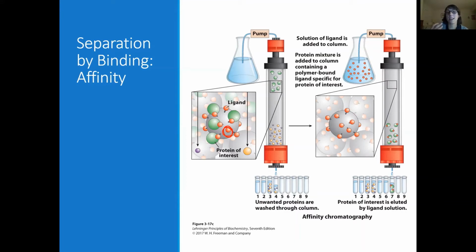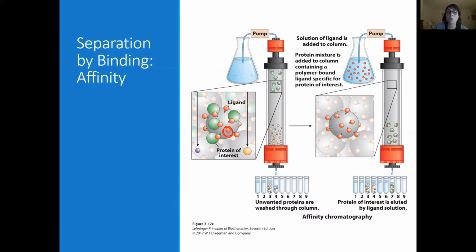Sometimes we actually express proteins or make proteins that have a special segment on them that will bind to something that we know. That's so that we can separate these proteins using an affinity chromatography.